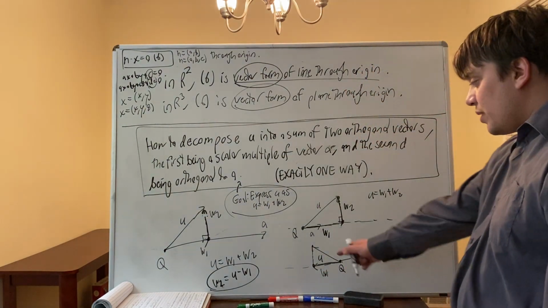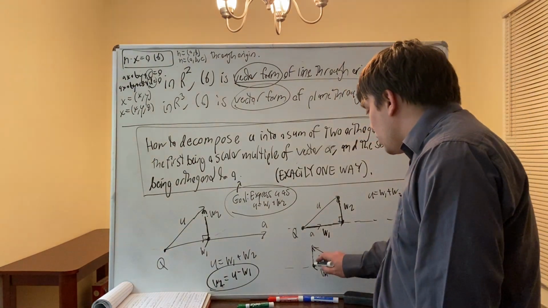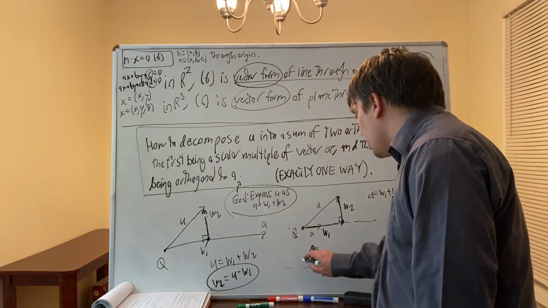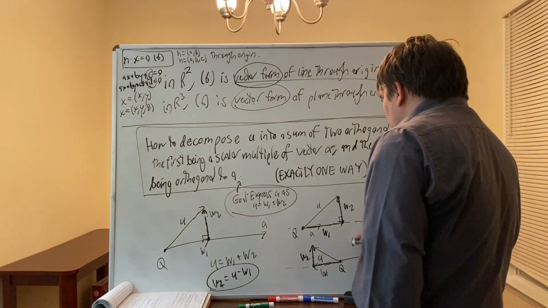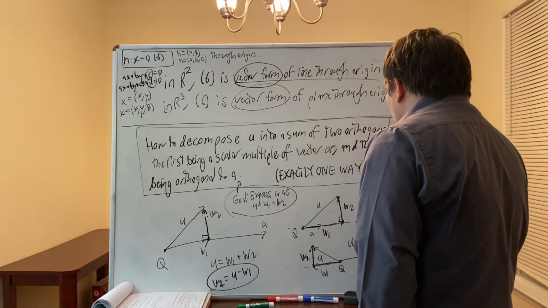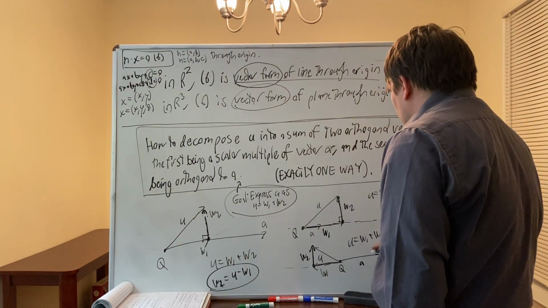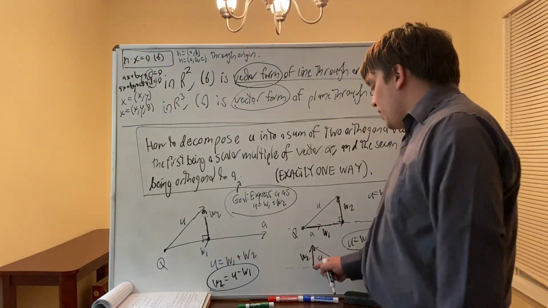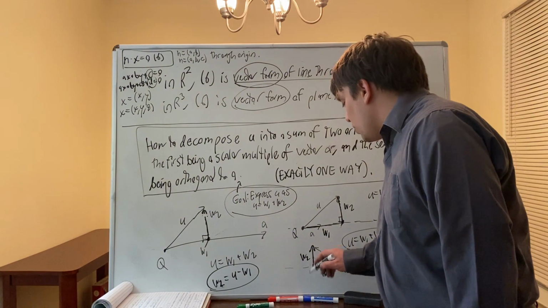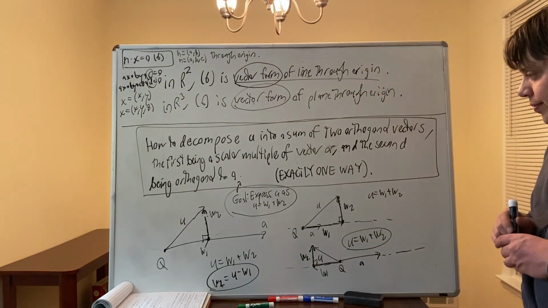Then to get to the terminal point of U, I go from that point to the terminal point, and that's W2. And now U is equal to W1 plus W2.